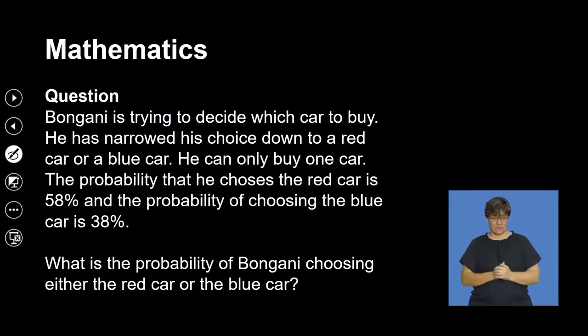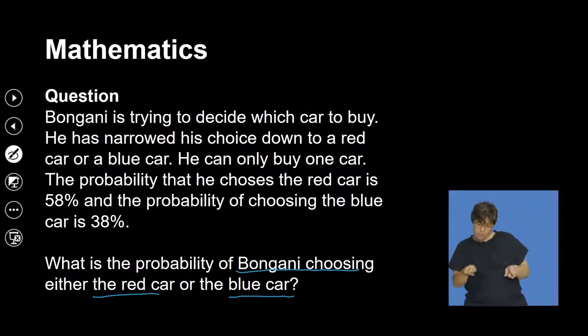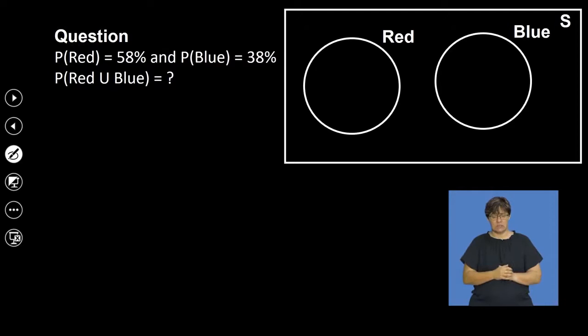So what is the probability of Bongani choosing either the red car or the blue car? Well, let's have a look. Now, recognize that the red car and the blue car are not overlapping. So these are mutually exclusive.